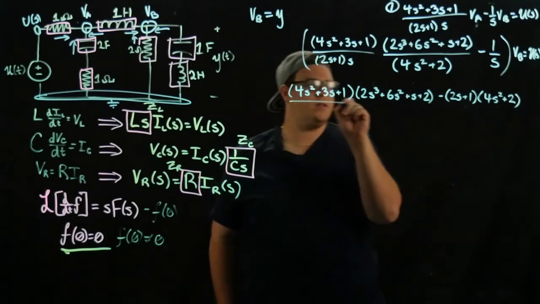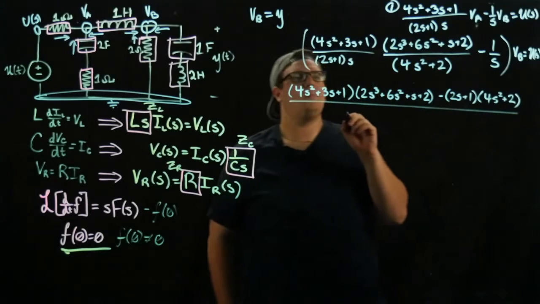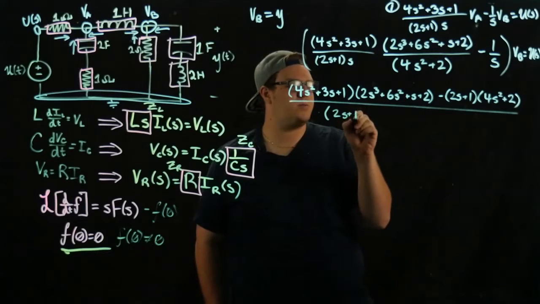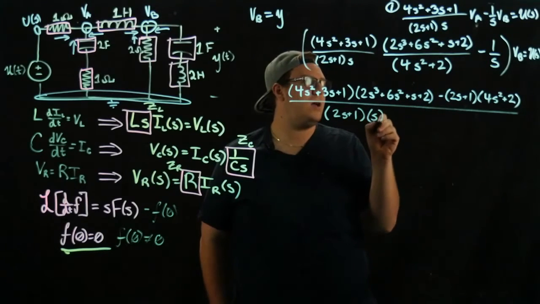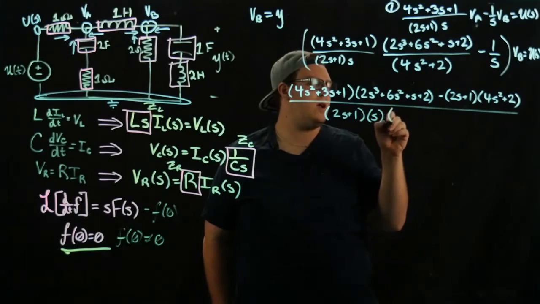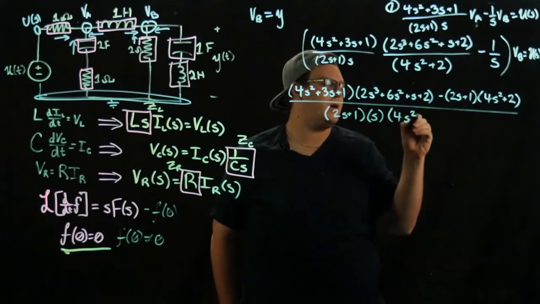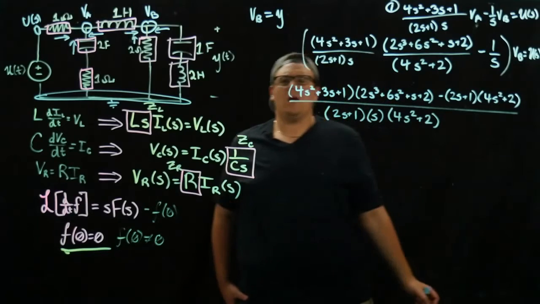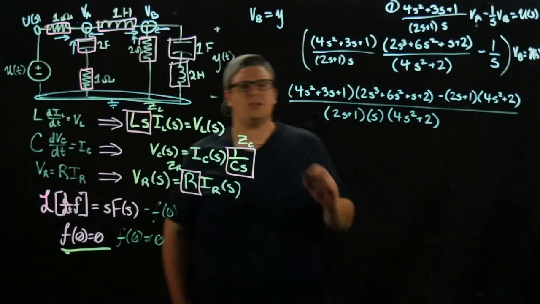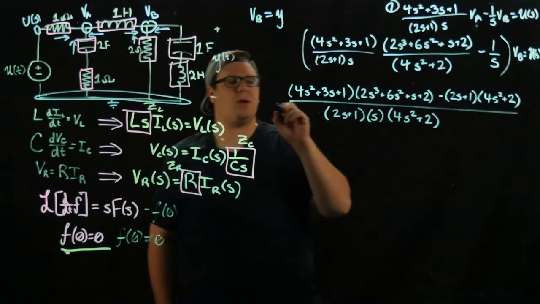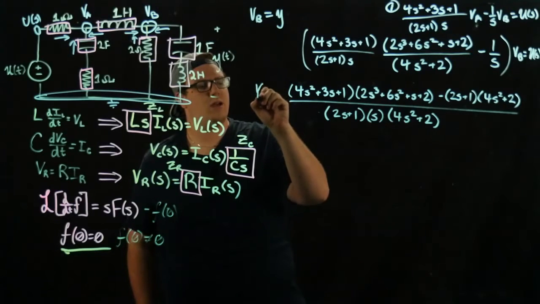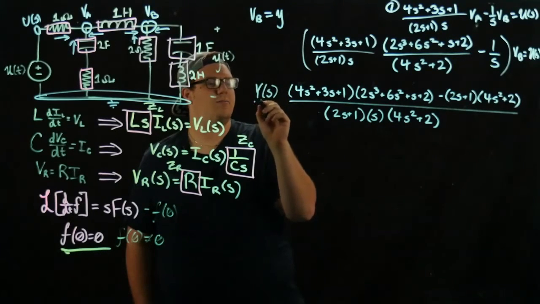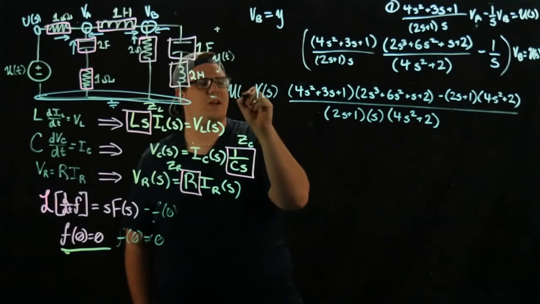And we're going to divide this whole thing by (2s + 1), s, and (4s² + 2). And because this is being multiplied by VB, we have a Y of s here. And this is going to equal U of s.